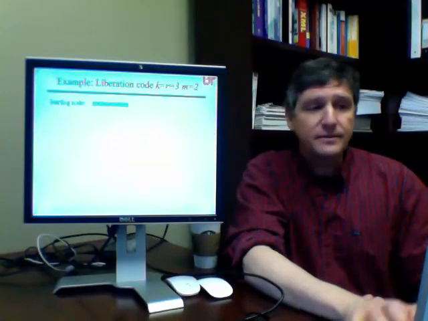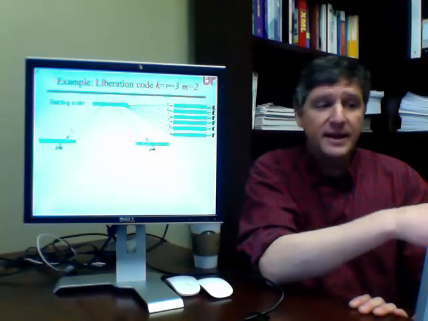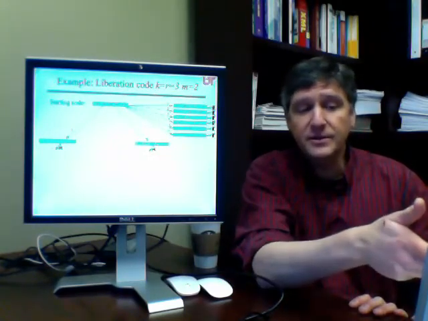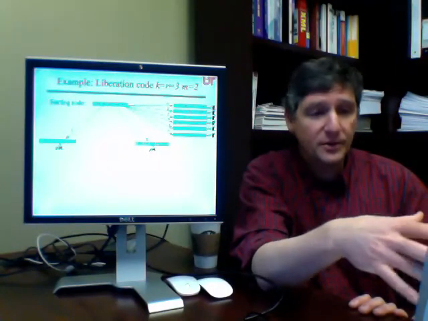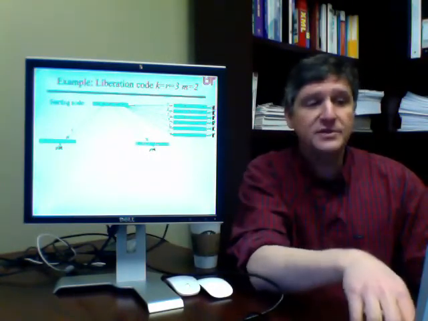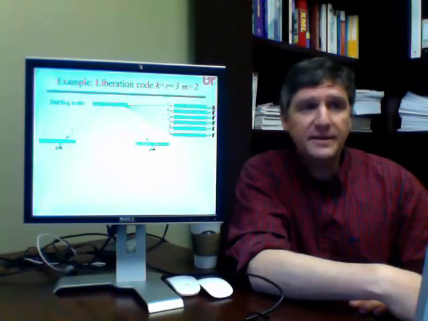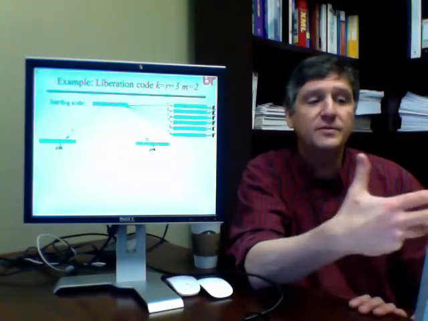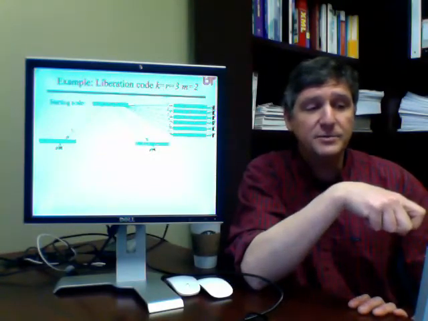I have a starting node, and then what I do is I take the first bit that I decode, and each one of those has an equation that you can use to decode it. So this is how many bits you have to read in order to decode that bit with each equation. Okay? And then if you're running Dijkstra's shortest path algorithm on this, well, you find the shortest path, and then you go ahead and traverse all the nodes reachable from that path.